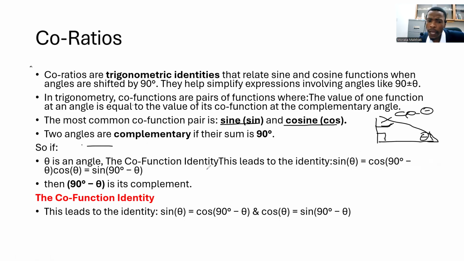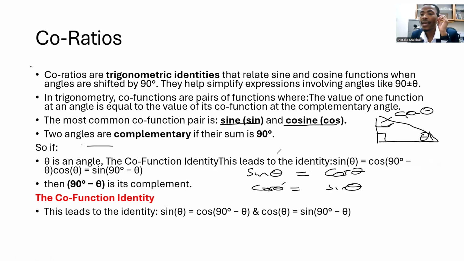Now this brings me to the co-function identity. If you're having sine theta, we are expecting to get cos theta. If you're having cos theta, we are expecting to get sine theta.